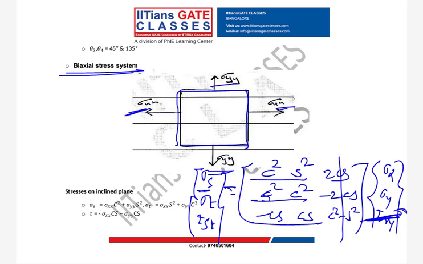Now what is sigma s? It is C square sigma x plus S square sigma y. You can see sigma x C square plus sigma y S square. What is your sigma t? S square sigma x plus C square sigma y. What is tau st? Minus CS sigma x plus CS sigma y.